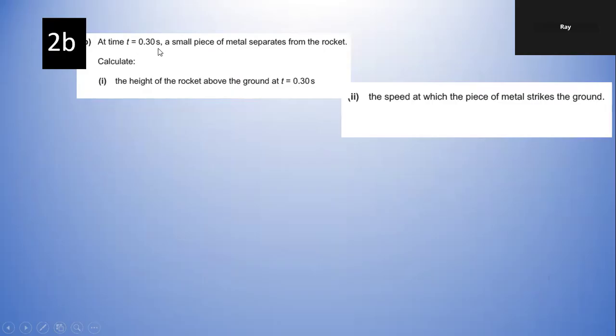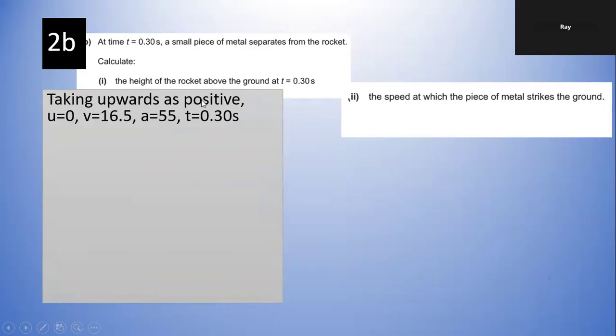T equals 0.3 seconds. A small piece of metal separates from the rocket. Calculate the height of the rocket above the ground. This one is motion kinematics. Taking up as positive, u equals 0. Choose the right formula to use.